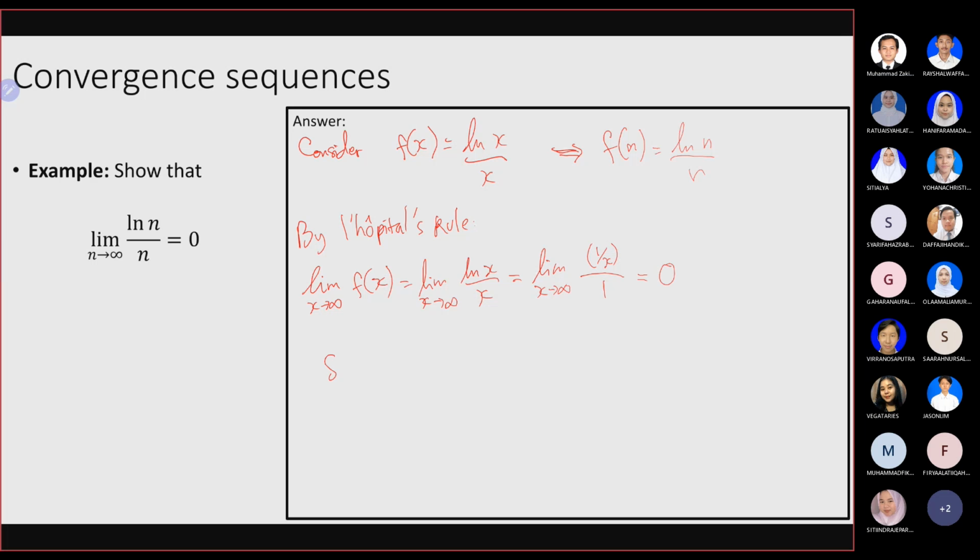So, as f of x goes to 0, then ln n over n also goes to 0. That's it. Any question?